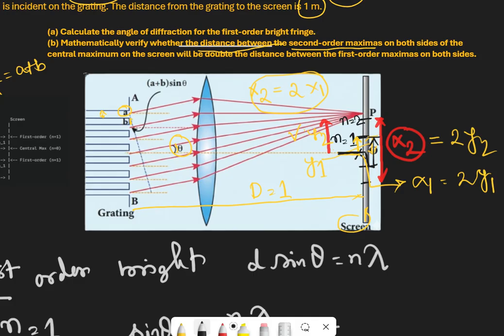So this is the central maxima. So this is the first order bright fringe. So this is actually the value of y1, right? Indeed, we can write down the formula d, I mean the grating to screen distance, and tan theta. This is a basic formula anyway.